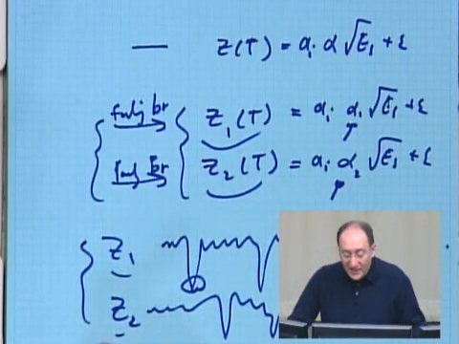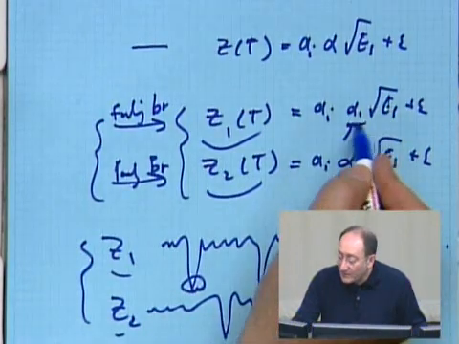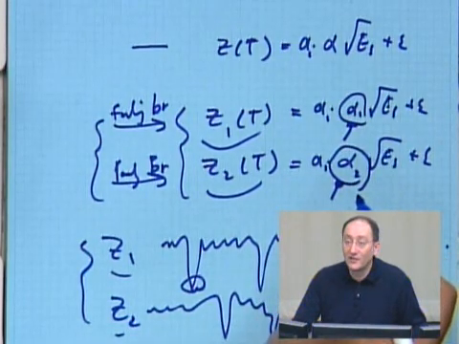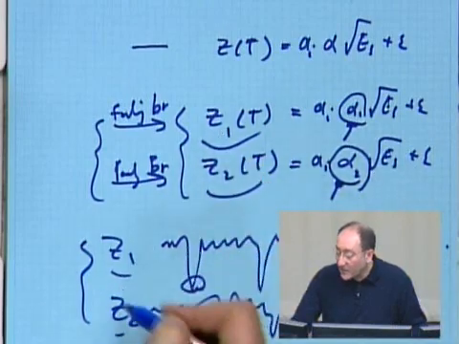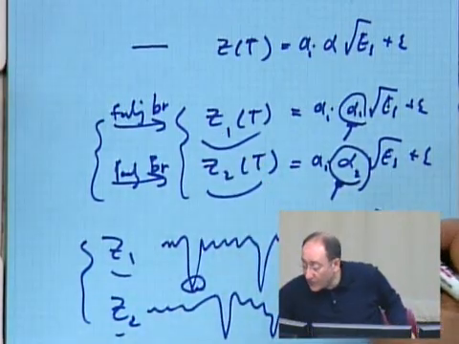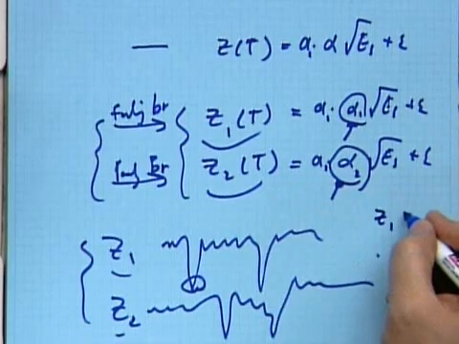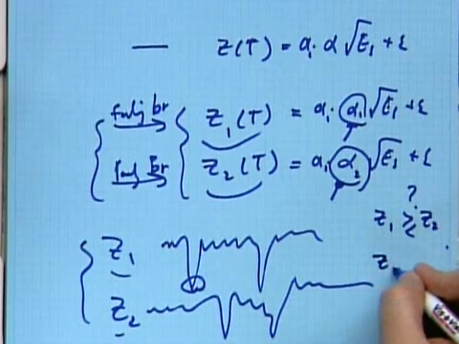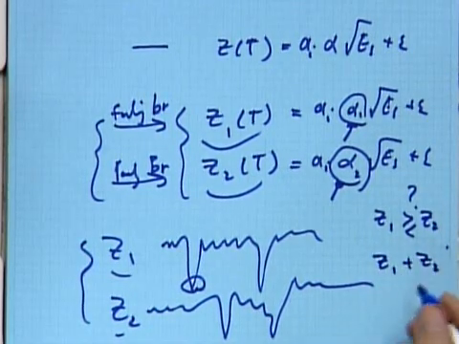Okay? And then I can do a third one. A third one is that I estimate the alpha 1, I estimate the alpha 2. And I weight the Z1 and Z2. So selective combining was Z1 greater or less than Z2. The one which is greater, I just take it. Linear combining, I just add Z1 and Z2.